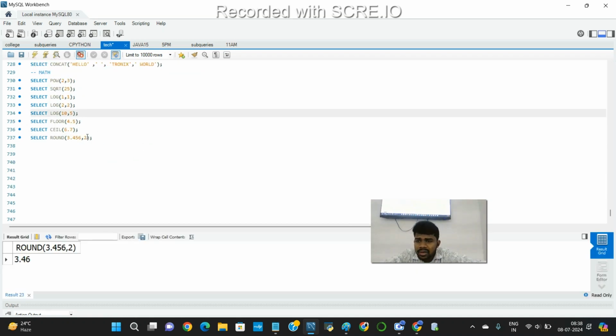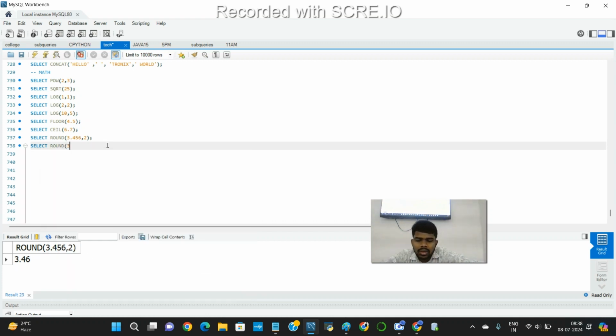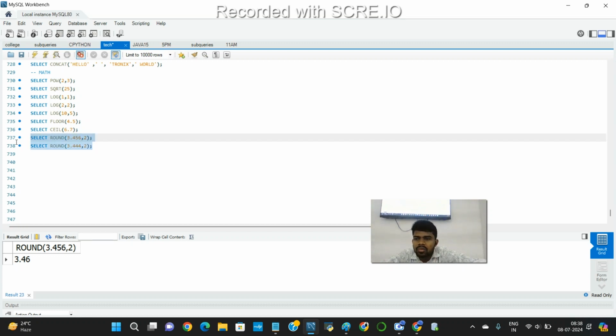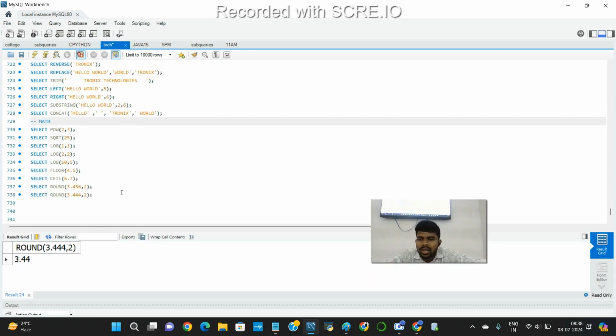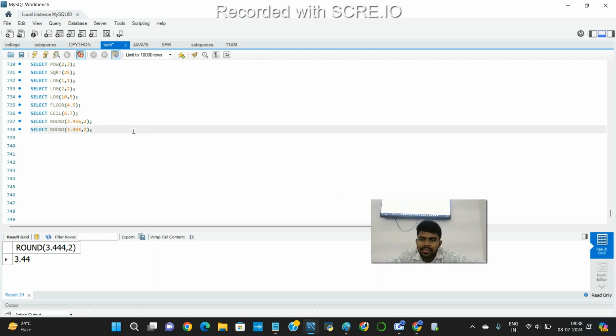Here 2 means I want only up to two places after the decimal point. Another example: select round of 3.444 comma 2. It will remove the last digit and keep just two. This is the round function.